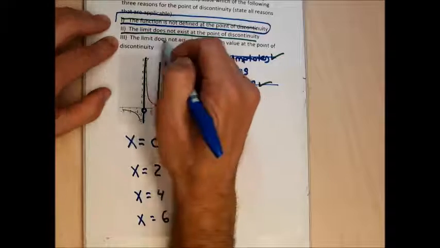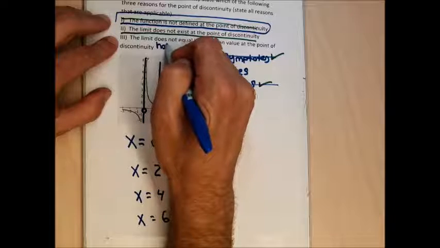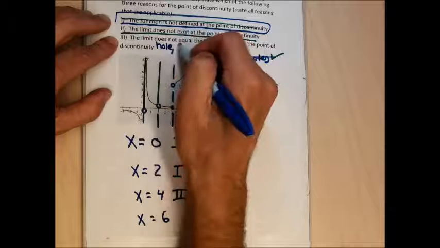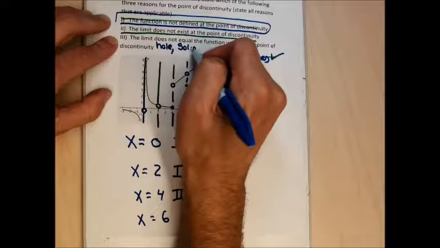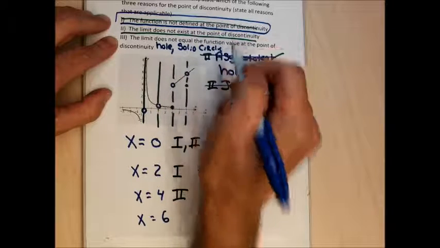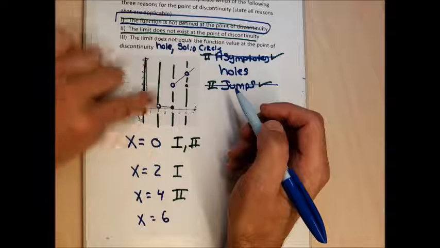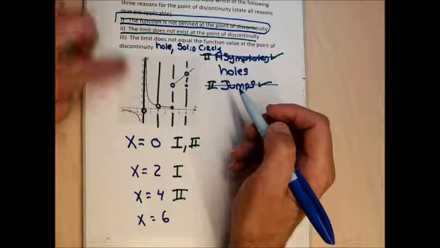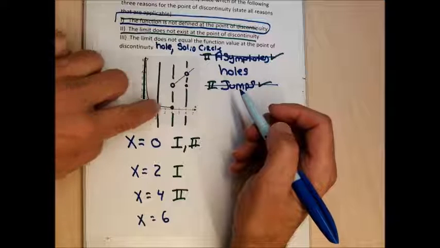So for this, there'd have to be a hole along that vertical line with a solid circle that's somewhere else along that line. And in problem 2, there's a hole, but there's no solid circle, so the function doesn't exist there. This doesn't work for asymptotes. It doesn't work for jumps.